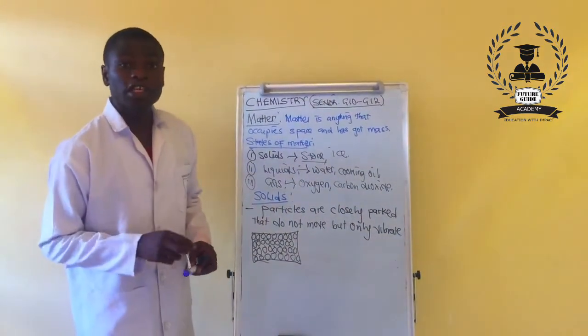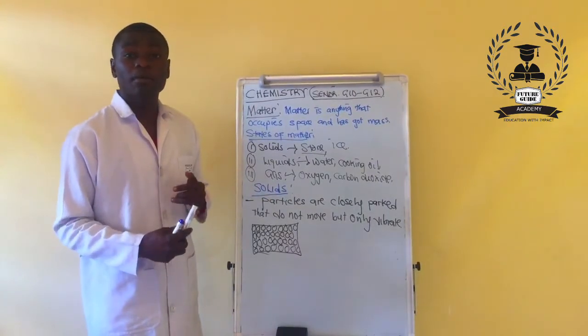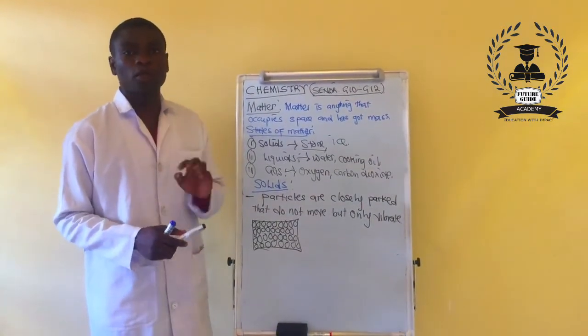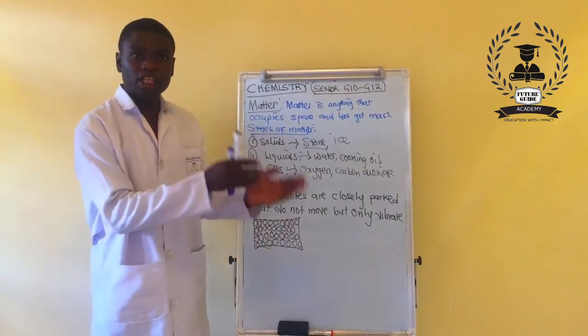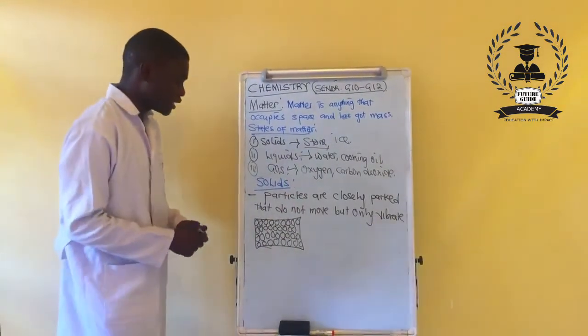What is the other property? The other property that you're supposed to know about solids is that solids have got a fixed shape as well as a fixed volume. Meaning you can determine the shape of a solid as well as determine the volume of a solid. We write that one.